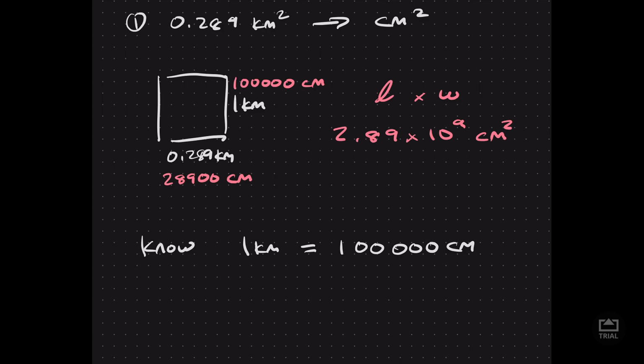Now, because we're dealing with an area, what I want to do is square that one, and because we have an equal sign here, I would have to square the other side. So therefore 1 kilometer squared is going to equal 1.0 times 10 to the 10 centimeters squared.